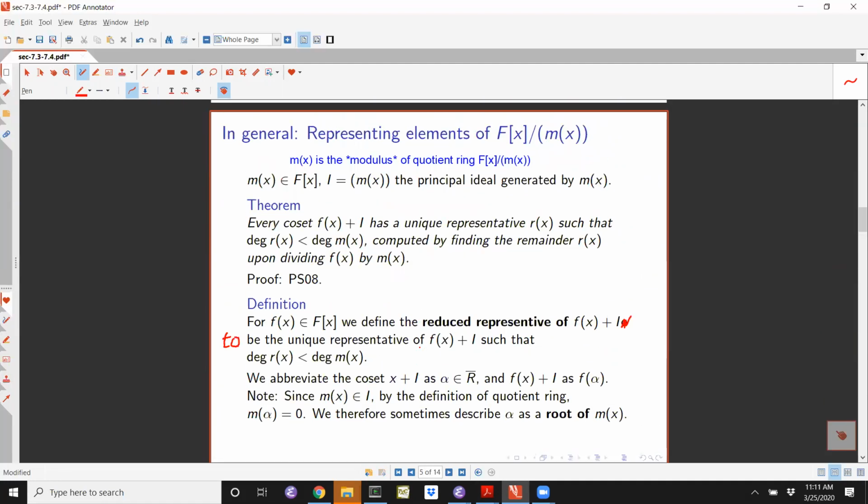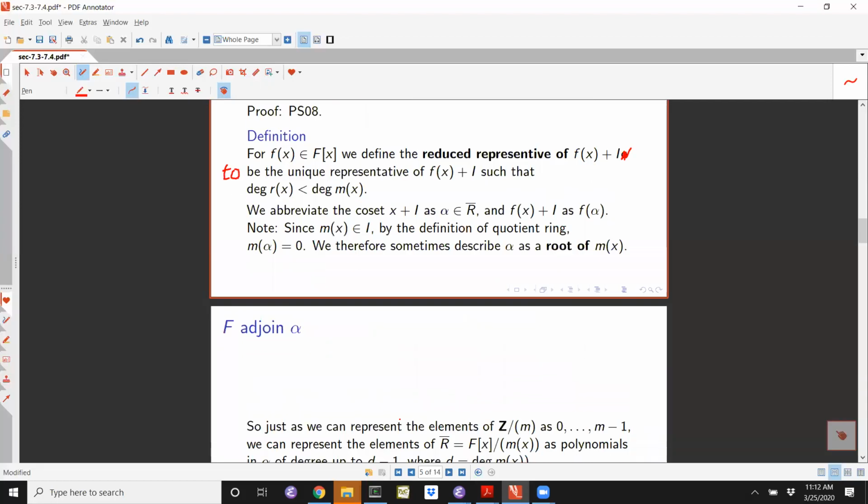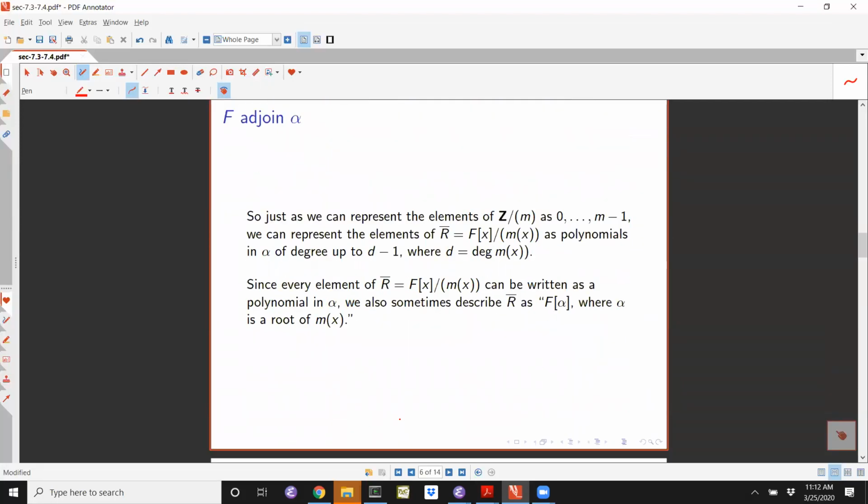And so we abbreviate that coset x plus I as alpha, as we did in our example, and in general the coset f of x plus I is written as f of alpha. The terminology we have to describe this comes from the following ideas. Since we're setting the modulus equal to 0, m of alpha by definition is equal to 0, and so we will sometimes call alpha a root of m of x.